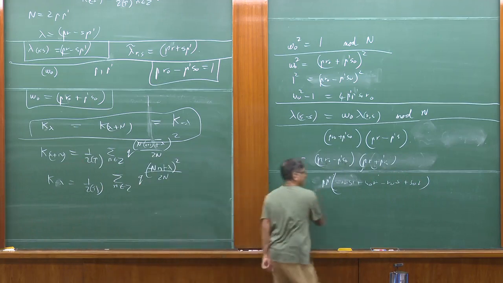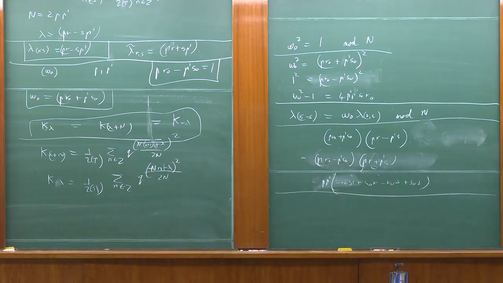Okay, fine. So we see that multiplying lambda by omega naught, up to things which are mod n, which doesn't matter because they don't matter inside K, switches the sign of s, and multiplying by omega naught again brings us back because omega naught squared was equal to 1 mod n.